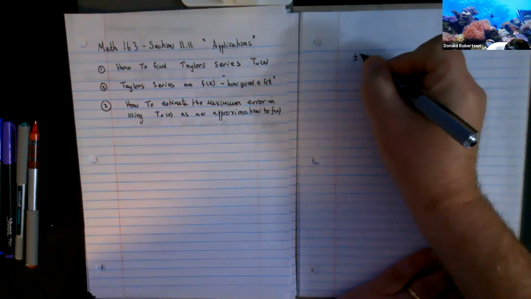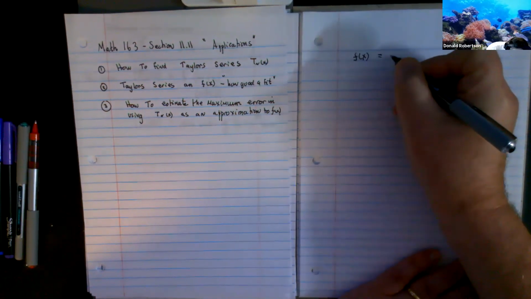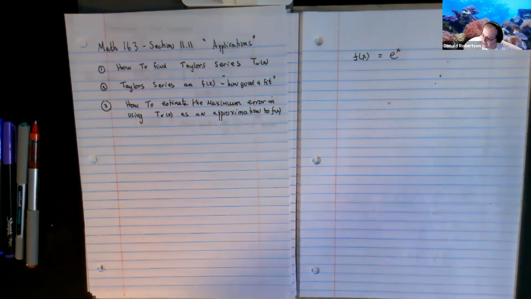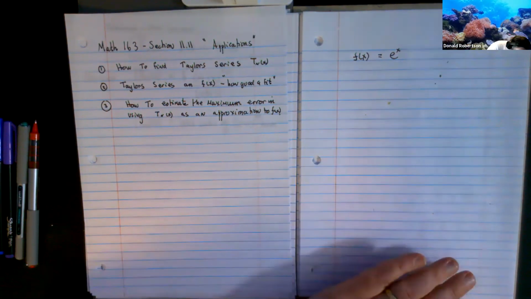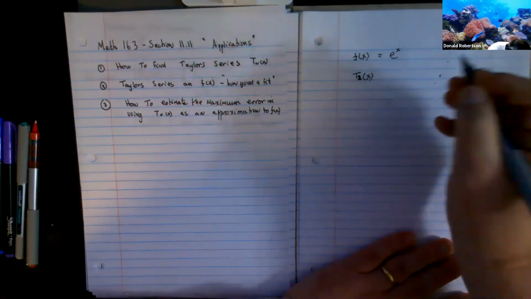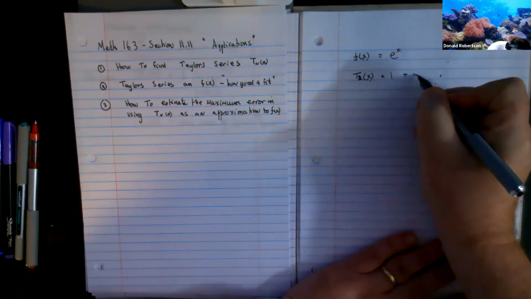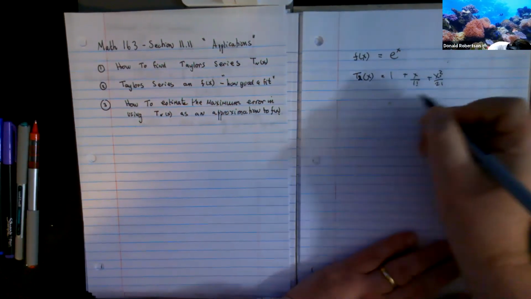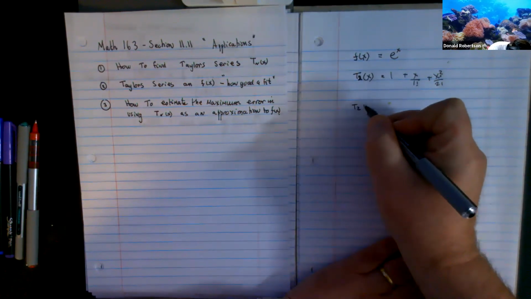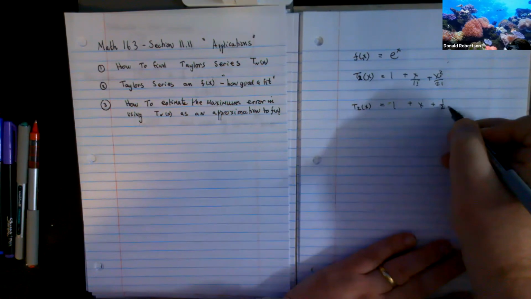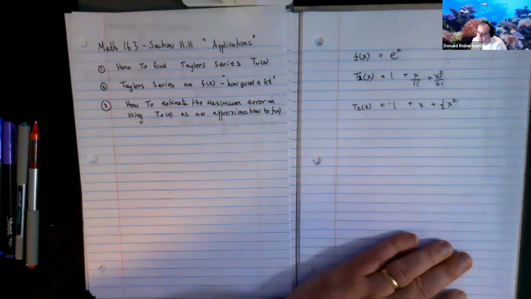So imagine I have a function, and I'm starting today with my easy one. When we do this tomorrow, we'll do uglier and uglier ones. We've got this guy. And actually, let's just do T2 of x, just so I don't have to write so much. Can you trust me that T2 of x, after a little bit of work, ends up being that guy, right?